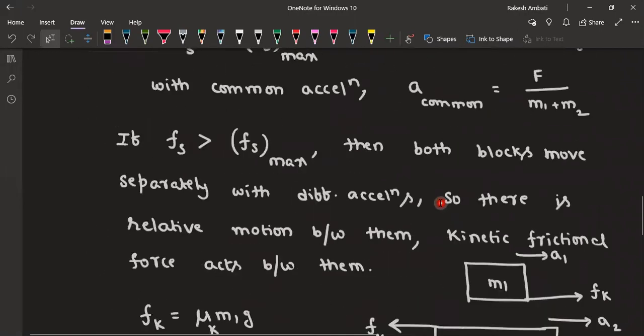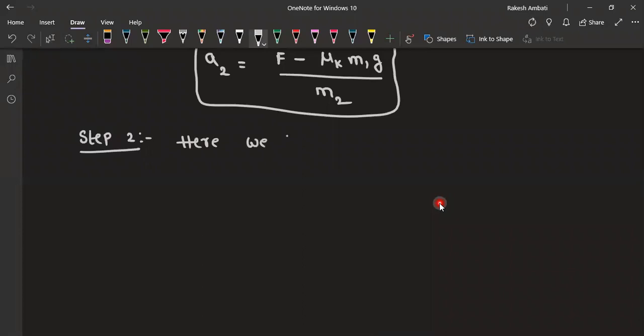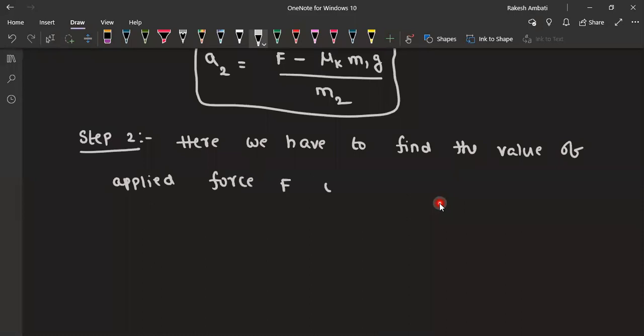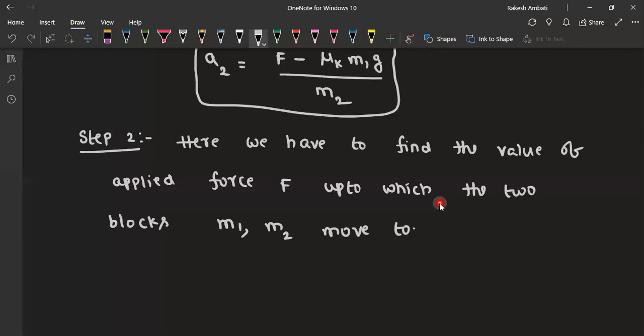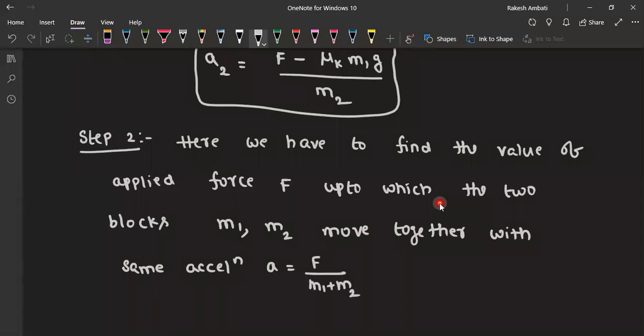In step 2, here we have to find the value of applied force F up to which the two blocks M1, M2 move together with same acceleration A equal to F upon M1 plus M2.